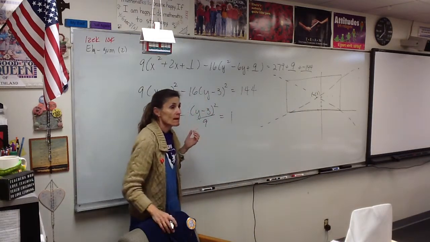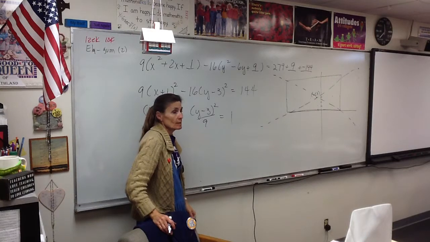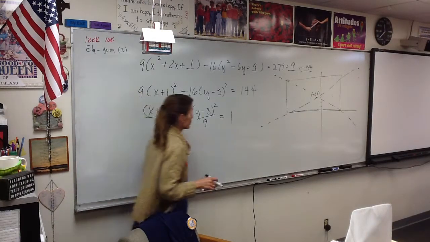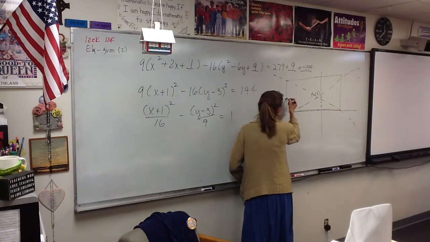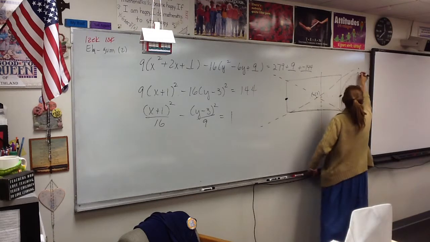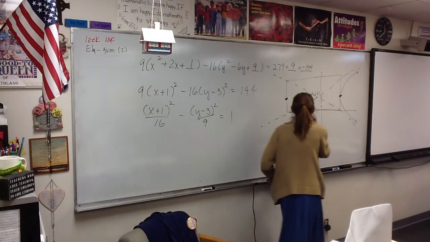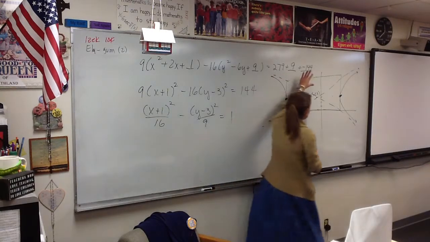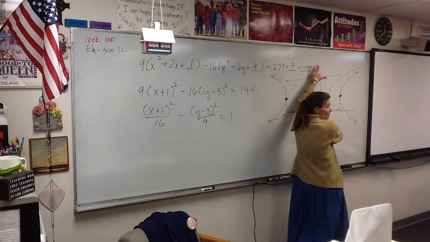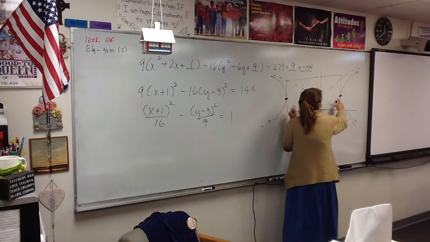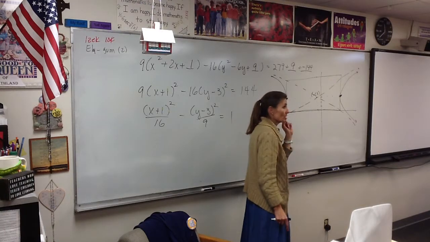Now, which way does my hyperbola open? Sideways, because x comes first. So this big black point right here and this big black point right here are the vertices. If it had opened up and down, my vertices would be here, but they're not. This axis is called my transverse axis, right?